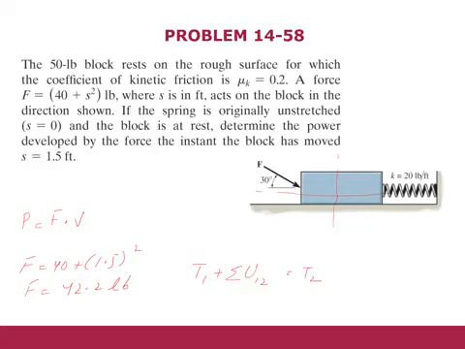As the block is starting from rest, we have zero kinetic energy initially, and finally we have some kinetic energy, which is half times mass, 50 divided by 32.2, into v square.